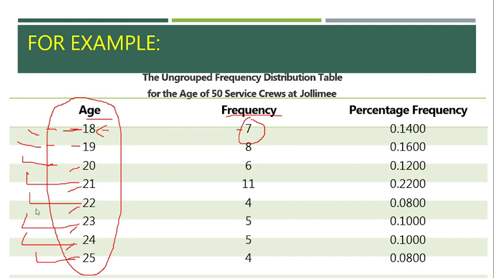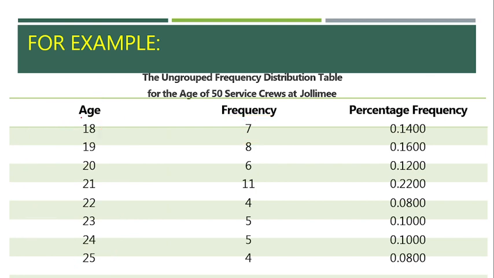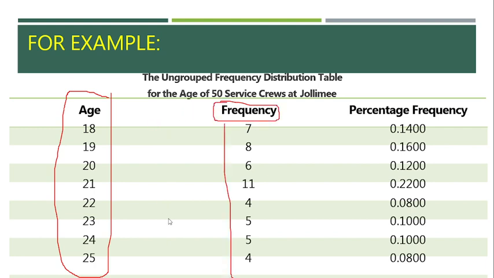Okay. So next in line, if you're done writing all the values that you have gathered, start identifying the frequency of your values. So at the age of 18, how many Jolly Me crews does this restaurant contain?